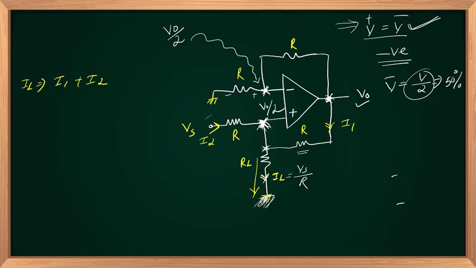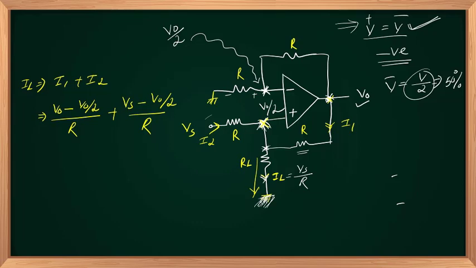And I1 is nothing but V out minus this potential, V out by 2, divided by R. So this is output voltage minus V plus, that is V out upon 2 divided by R, plus my I2, marked in this direction towards right, that's equal to Vs minus V out upon 2, divided by R. Right?